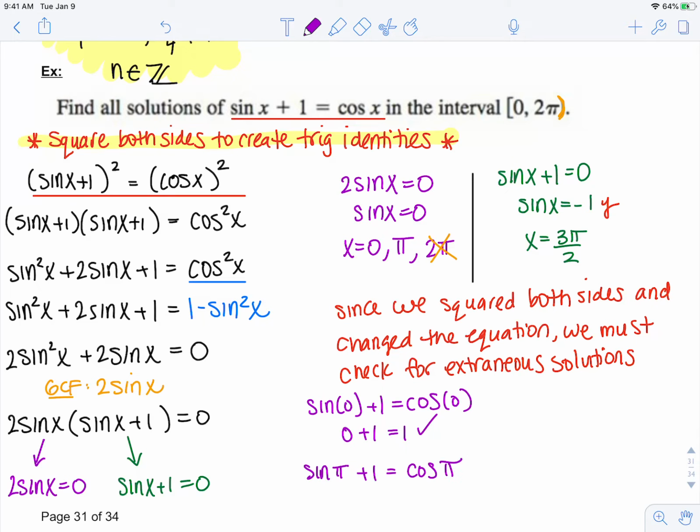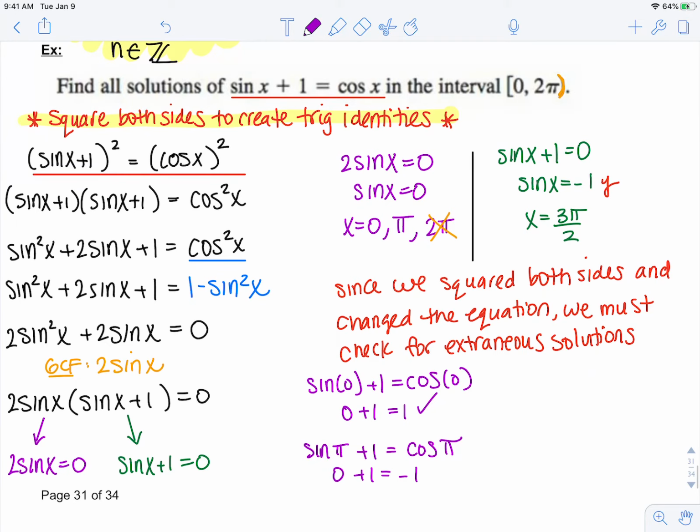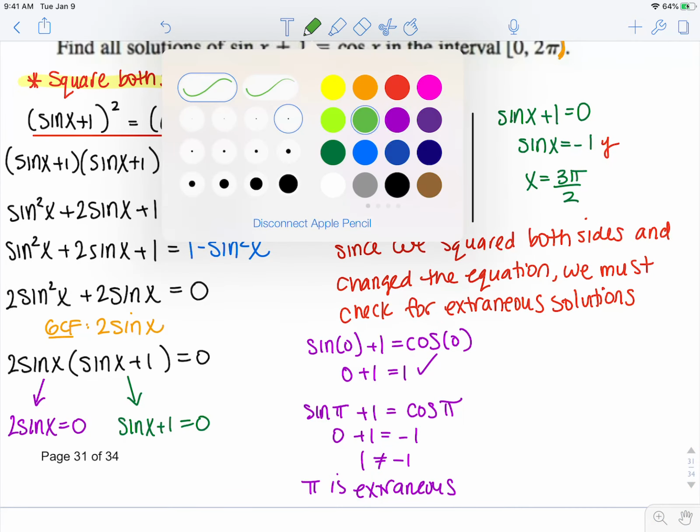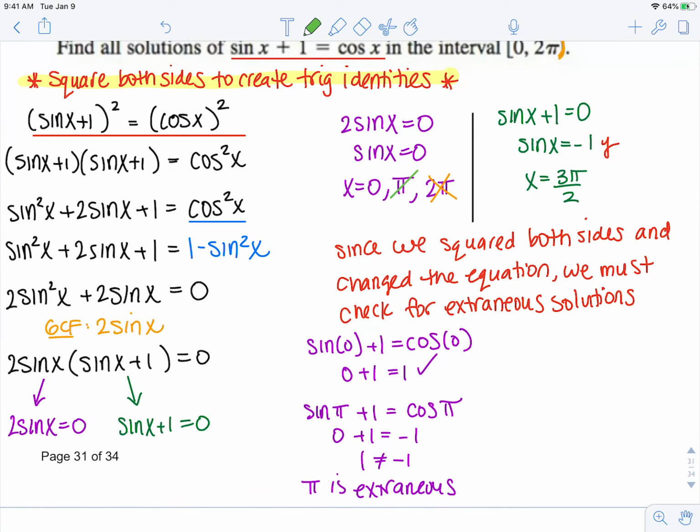Well, sine of pi is 0 plus 1, but cosine of pi is negative 1. 1 does not equal negative 1. So therefore, pi is extraneous. So we can cancel out pi now as a solution.